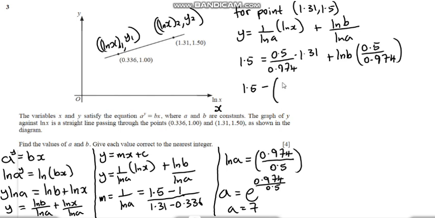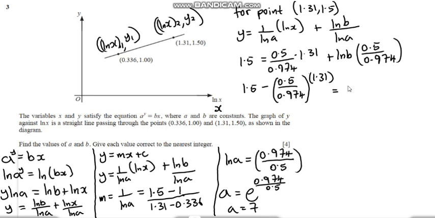I will refuse to press my calculator yet, so that we don't do a premature approximation that affects our final answer. We want our final answer to be as accurate as possible, so I will not get anything yet in my calculator.